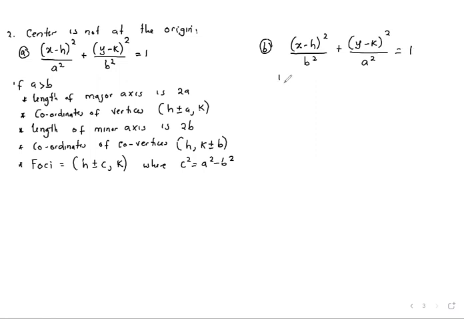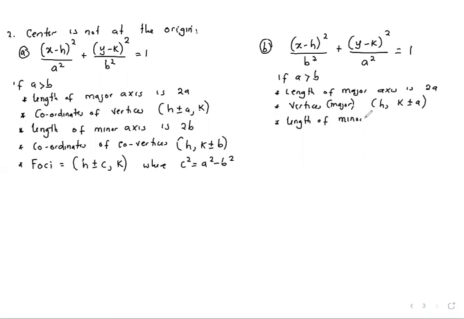And then again, if a is greater than b, then we're saying here the length of the major axis is still 2a, and then the vertices for the major, now this time you get h comma k plus or minus a, because it has gone on the y, and then the length of minor axis is still 2b.